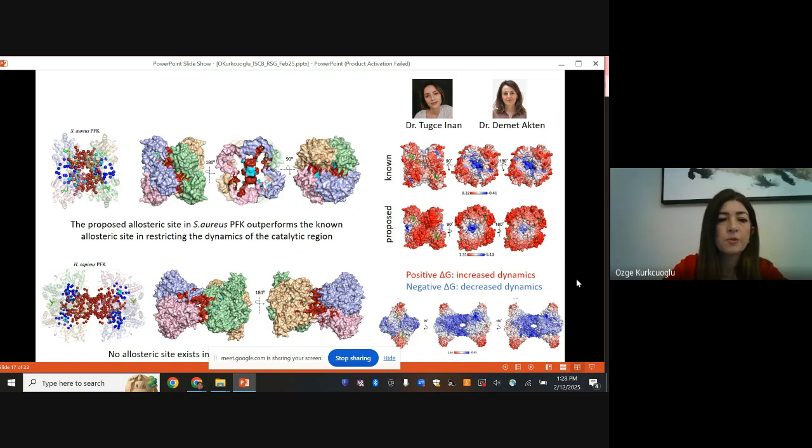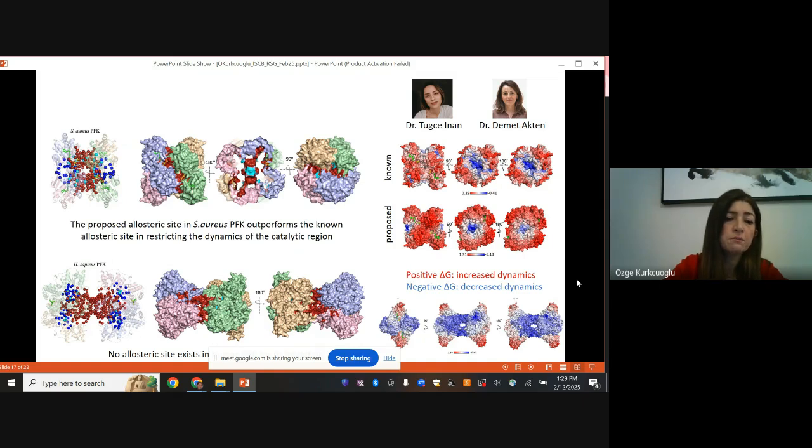For the phosphofructokinase, the first allosteric enzyme we investigated, we combined the predictions of the computational techniques and looked at the consensus sites. Here, the consensus sites are shown in cyan on the surface representation.